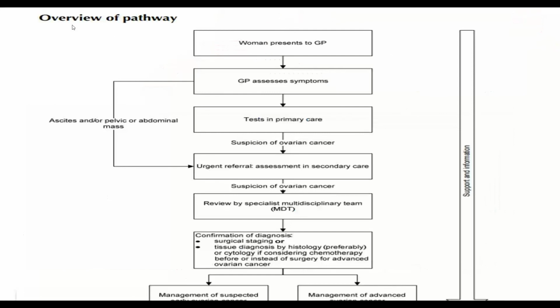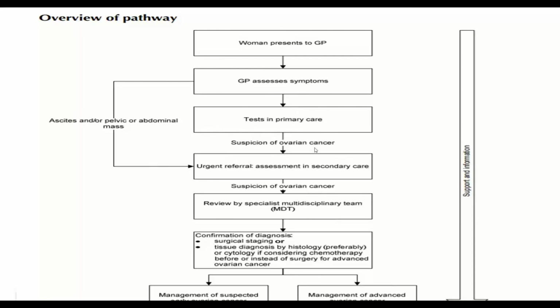This we all know how is the pathway of ovarian cancer goes. So if the woman comes to GP and the GP assesses the symptoms, if on examination the GP finds that the patient has ascites or any mass, they are directly referred to the secondary care. Otherwise, if these are not present, but only the symptoms are present, then the tests are offered in the primary care.